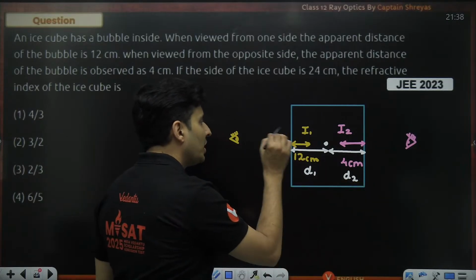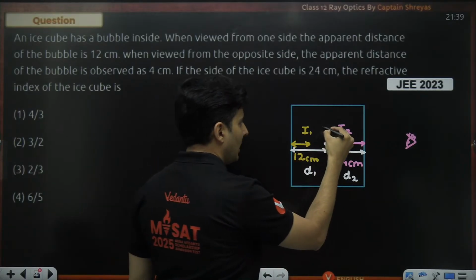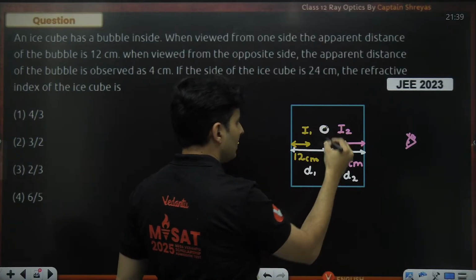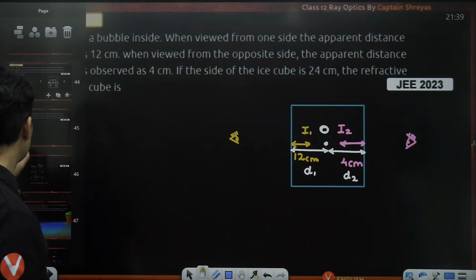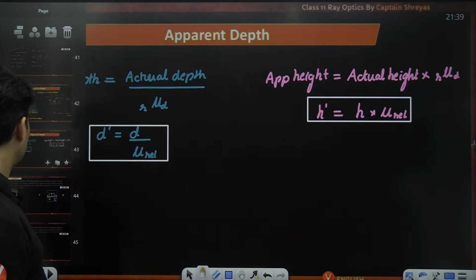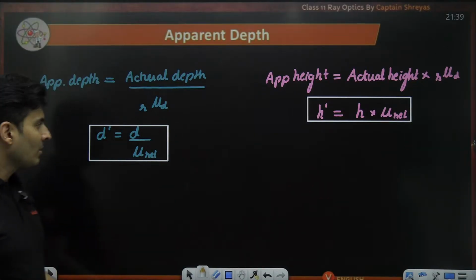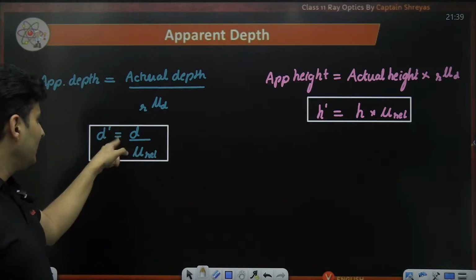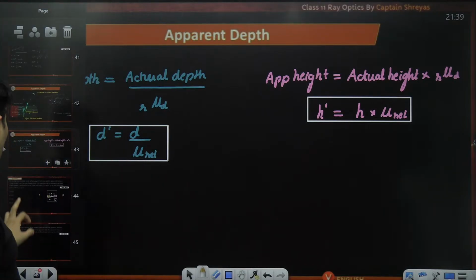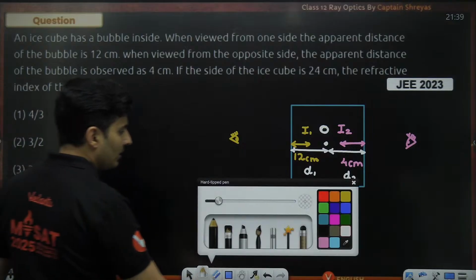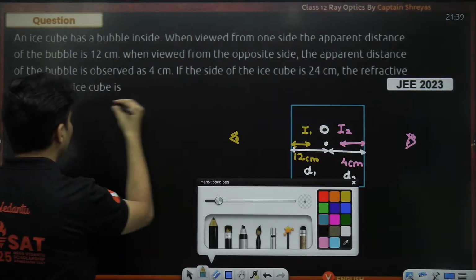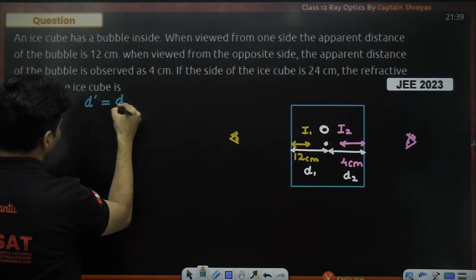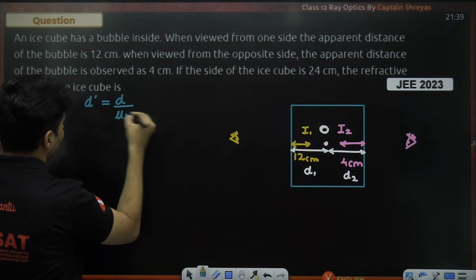Now, because the actual object is always in the denser medium, which formula will you use? This one or this one? Object is in the denser medium, appears closer. So depth concept, it is this formula which I have to use. Apparent depth is nothing but actual depth divided by relative refractive index.